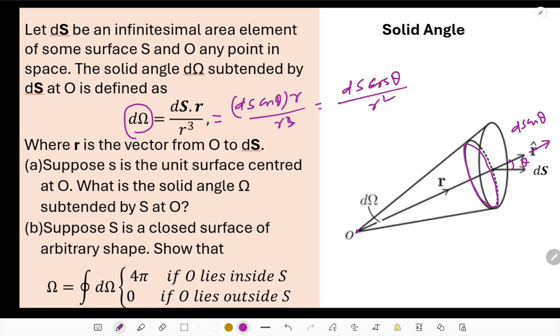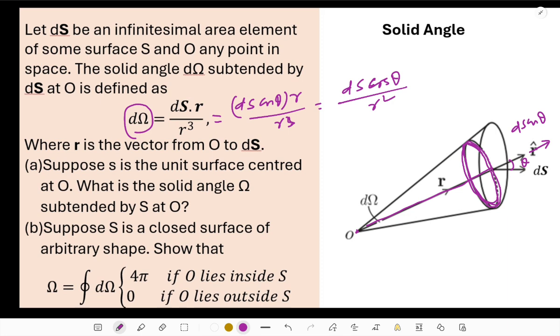You can see here. And so the body of ds cos theta will always be perpendicular to the r vector. So you take this r length and the area of the body that is perpendicular to r. The surface area should be perpendicular to the arrow of the r vector.